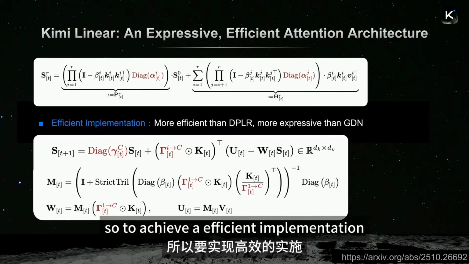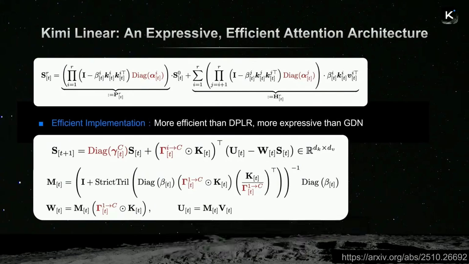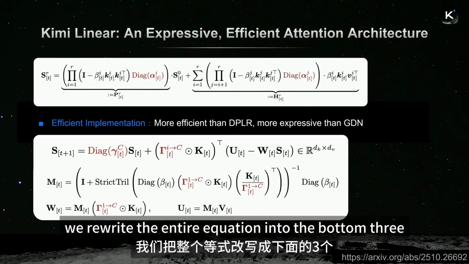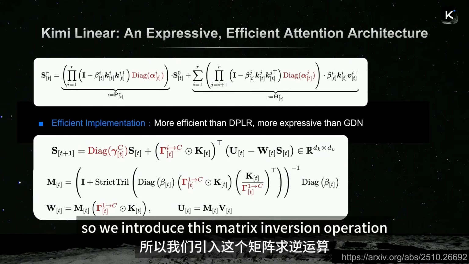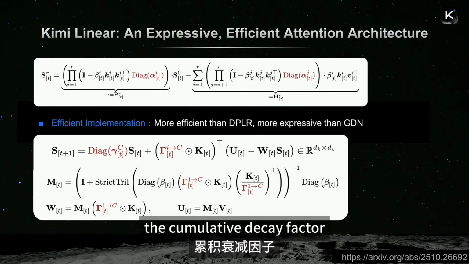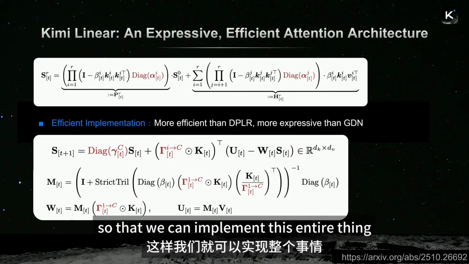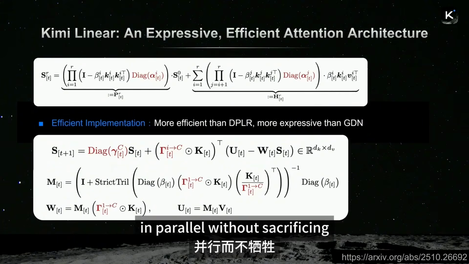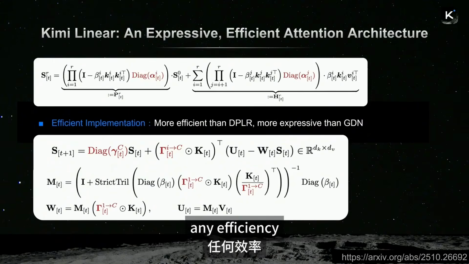To achieve an efficient implementation, we rewrite the entire equation into the bottom three equations. We introduce this matrix inversion operation, as well as the cumulative decay factor, so that we can implement this entire thing in parallel without sacrificing any efficiency.